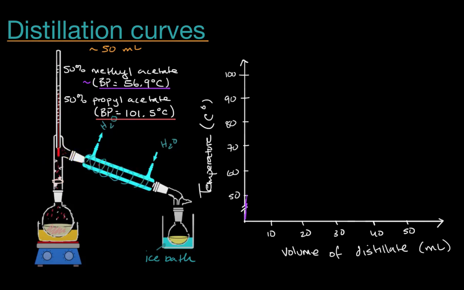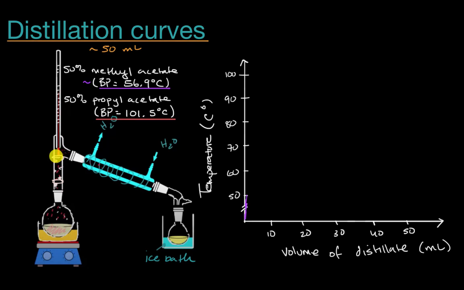And now you can imagine by the time that the ring gets up here, that means that the mixture of vapors have had multiple cycles of condensation and vaporization, which is equivalent to multiple simple distillation cycles. So by the time the vapor ring gets up here, we're going to have mainly methyl acetate vapors, and the temperature here, the boiling point of the vapors up here, are going to be roughly the boiling point of methyl acetate.